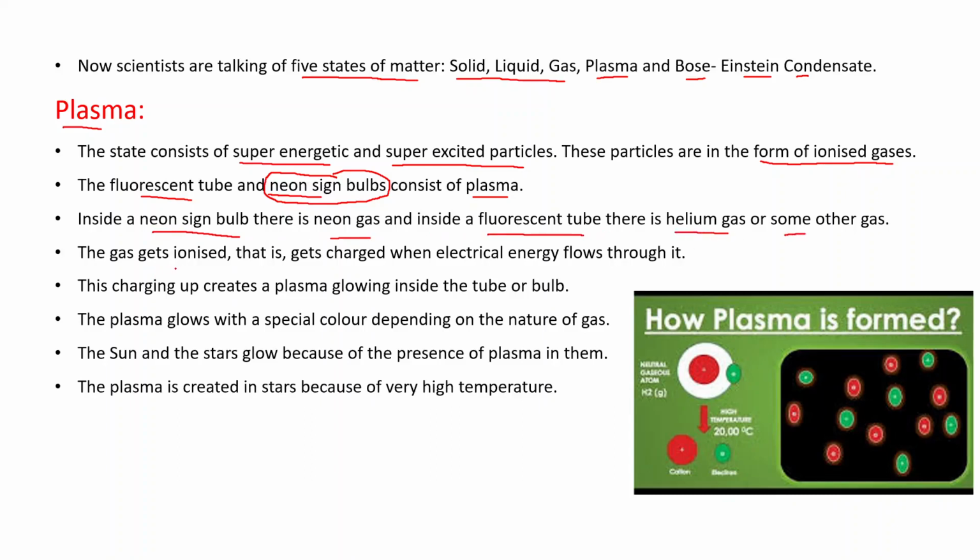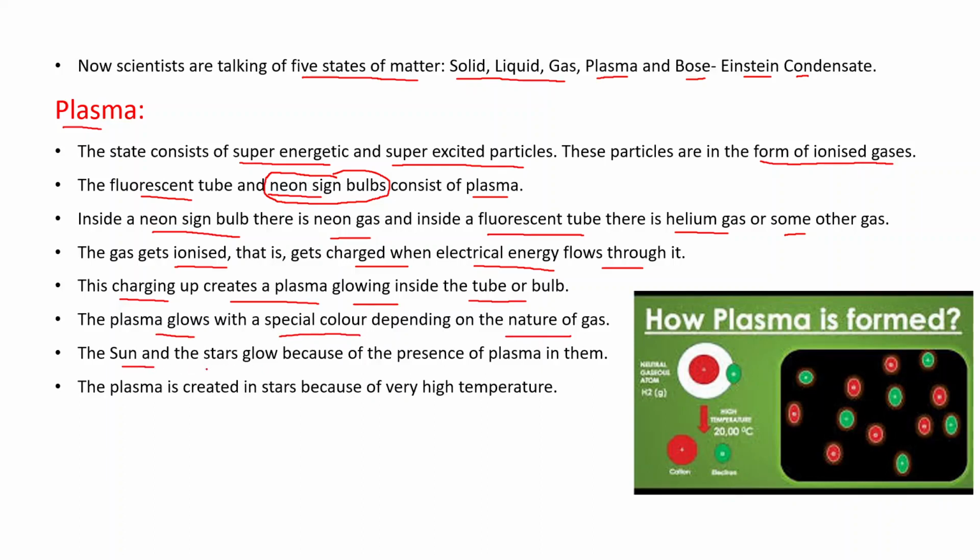The gas gets ionized. Now what is the meaning of ionized? They lose electrons and get charged when electrical energy flows through them. This charging up creates a plasma glowing inside the tube or bulb. The plasma glows with a special color depending on the nature of the gas we are taking.